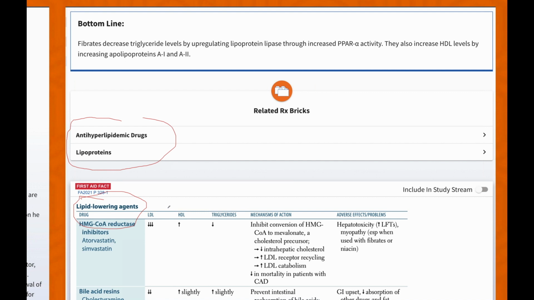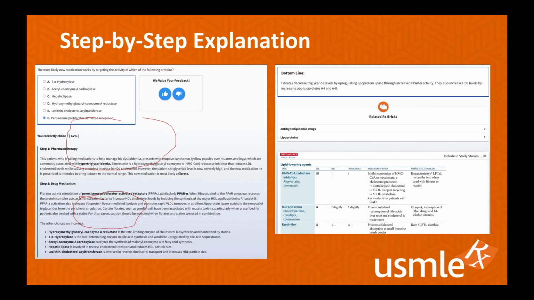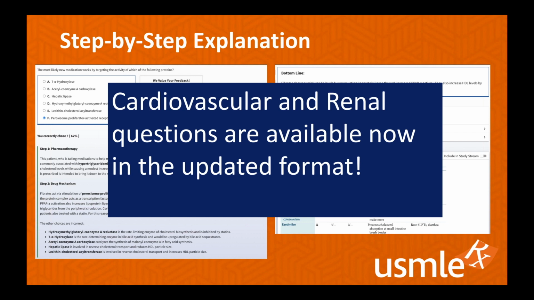So we hope you really enjoy these new upgrades to QMax as it rolls out. And let me zoom out here. What you see is that we already launched it for cardiovascular and renal, so that's already live.